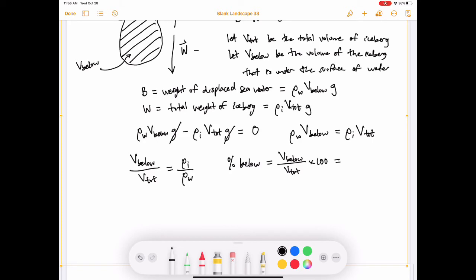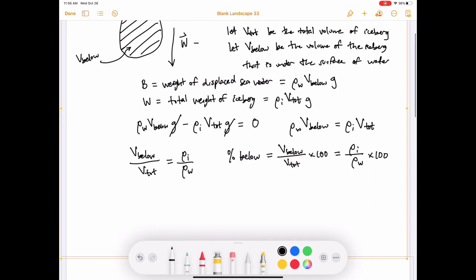But again, that ratio of the volumes is the same as the ratio of the densities. So we have density of ice divided by density of water times 100, and we can actually calculate that. The density of the iceberg is 917 kilograms per cubic meter, the density of the water is 1,024 kilograms per cubic meter, and then we multiply that by 100.